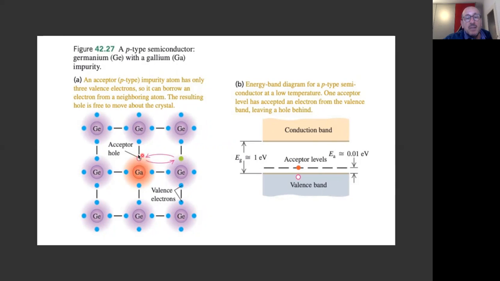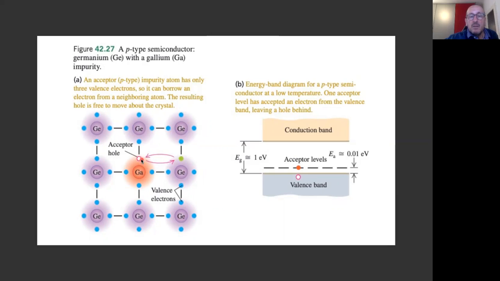This thing is contributing with a hole, and there's one electron missing from the whole picture here, because you need this electron to actually bind this atom to the nearby germanium. But this hole here can be filled by this electron that is participating in the bonding of these two germanium atoms.